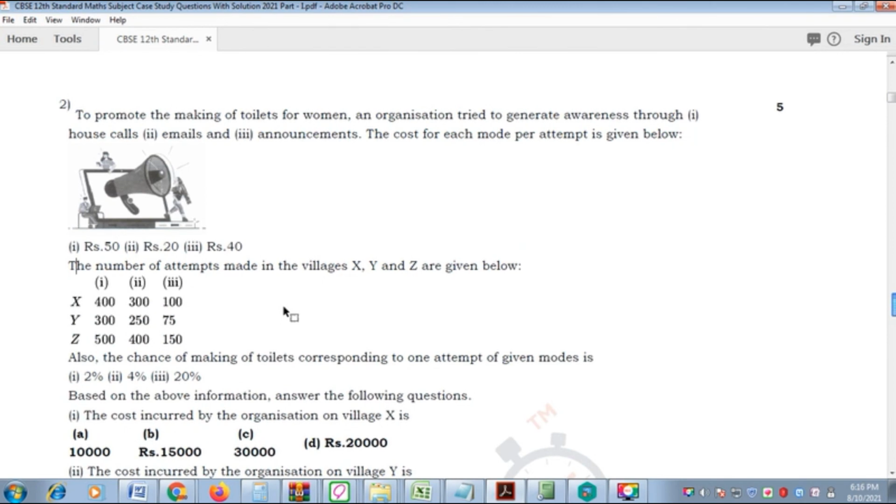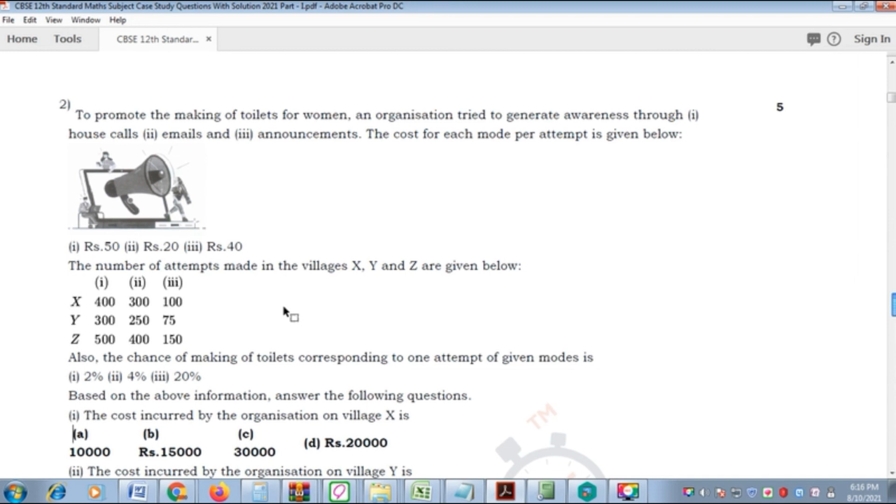Here is the second question. To promote making toilets for women, an organization tried to generate awareness through house calls, emails, and announcements. The cost for each mode per attempt is given below. If you are taking a case study question, you have to study the paragraph or image well first.